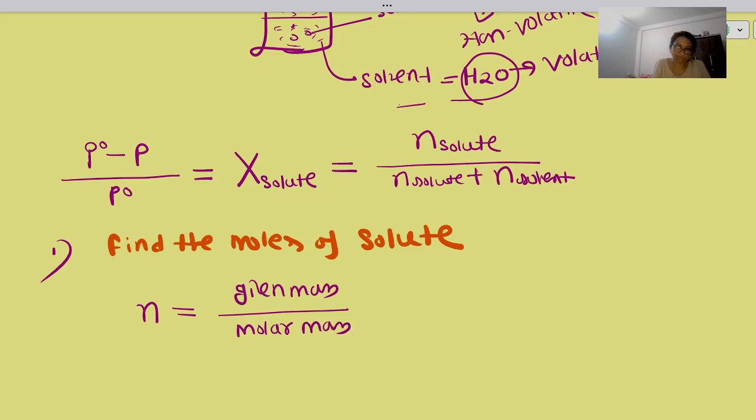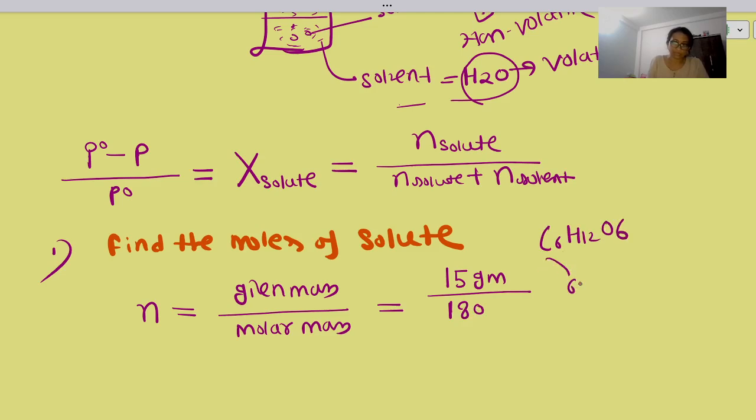For the calculation of the number of moles of the solute, that means the glucose, the given mass of the glucose is 15 grams and the molar mass of the glucose is 180 grams. What is the formula of glucose? C6H12O6.